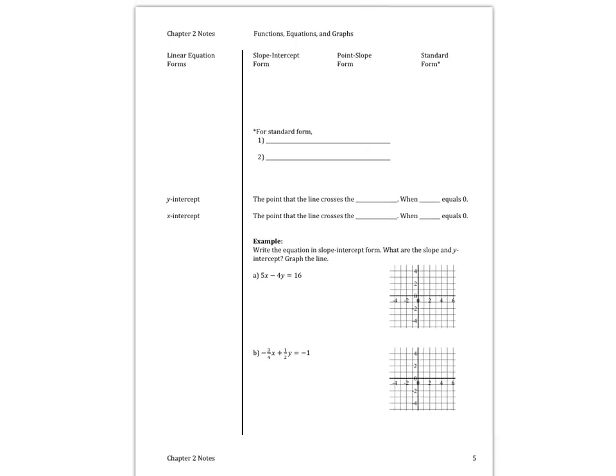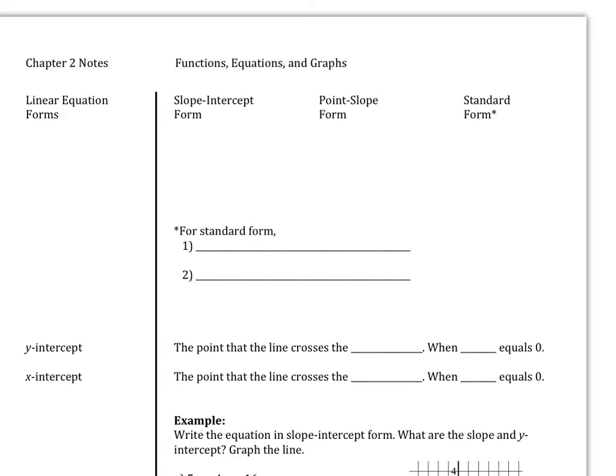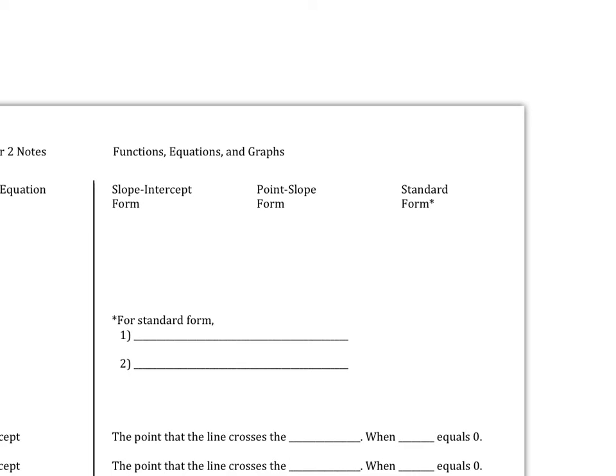Now we're going to review really quickly the three general forms of linear equation. The first one is the slope-intercept form, which is y equals mx plus b. The second one is called point-slope form, which is y minus y1 equals m times x minus x1.